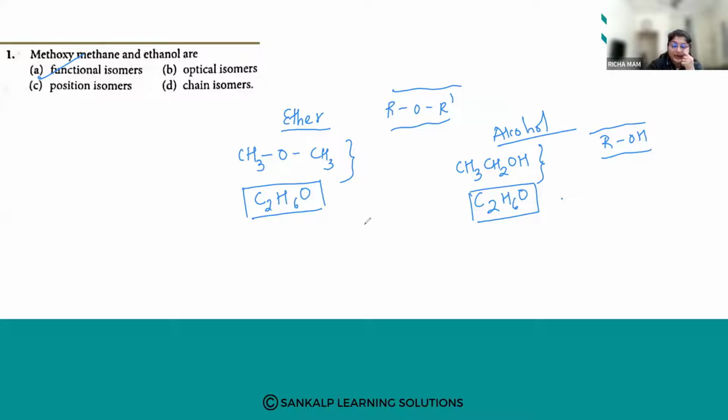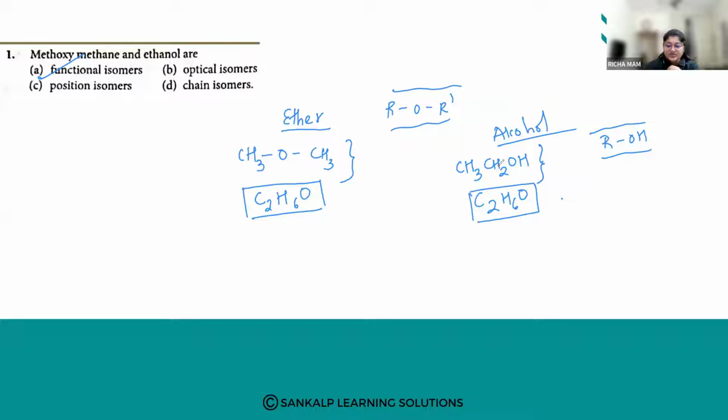One more time I'll repeat. Both the compounds have the same molecular formula, but different functional groups are present. Because of that, they are termed functional isomers.